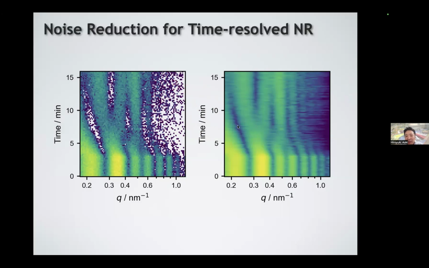This is just a result of the DNCNN. But by optimizing the neural network, we can achieve a clearer data reconstruction like this. This indicates that deep learning is quite effective for reducing the time bin in time-resolved neutron reflectometry experiments.